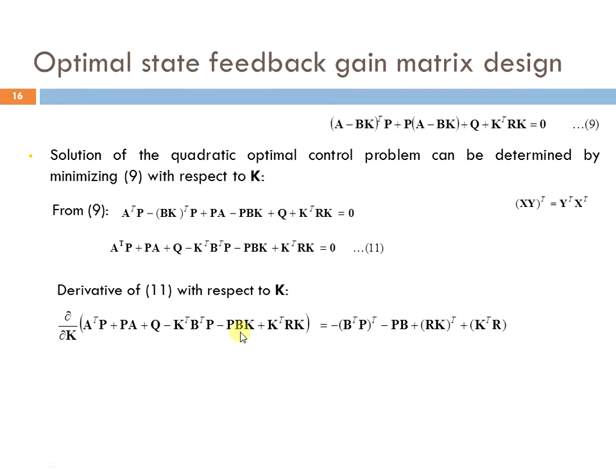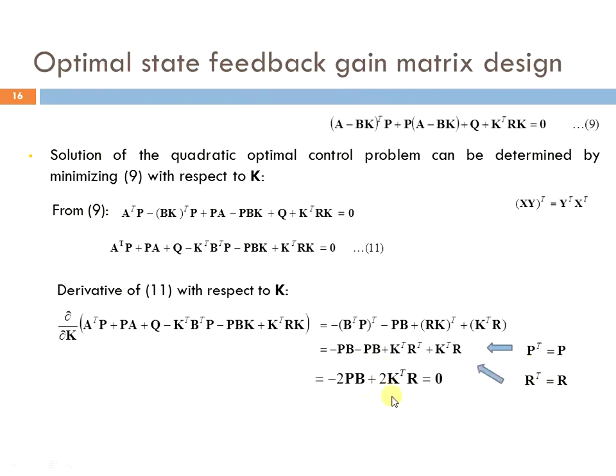The next term, the derivative of this with respect to K, gives us PB, and here we have to apply the product rule of differentiation because we've got two K's here, so we get these two terms. Simplifying that, we get from the first term PB by applying this rule for transposition, and remembering that P is a symmetrical matrix, so P transpose is equal to P.